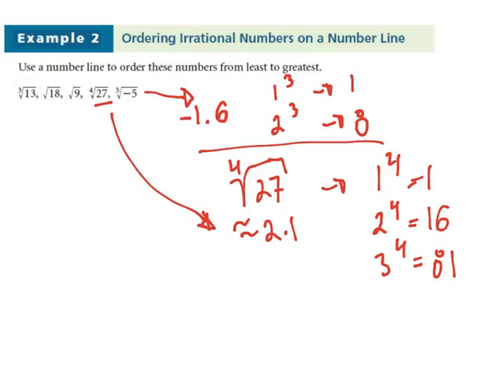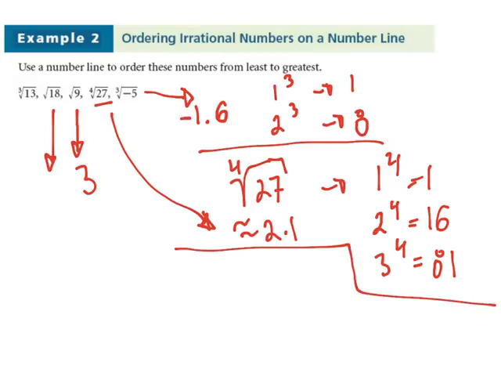How about root 9? Well, root 9 is just 3. 3 times 3 is 9. How about root 18? We're going to use the square root. I'm going to change color. Let's write out our perfect squares: 1 squared, 2 squared, 3 squared, 4 squared, and 5 squared.